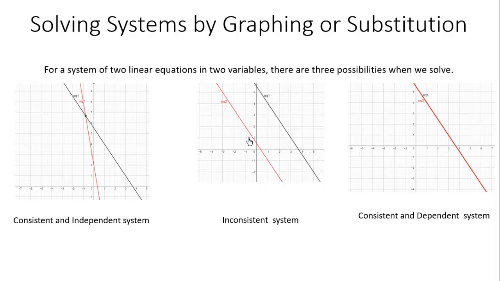In this case, the red line coincides with the black line. So we can see equation 2 lies on equation 1. And this system is consistent, but is a dependent system. In other words, there are infinitely many solutions. And for this, we have no solution. And for this, we have a unique solution.